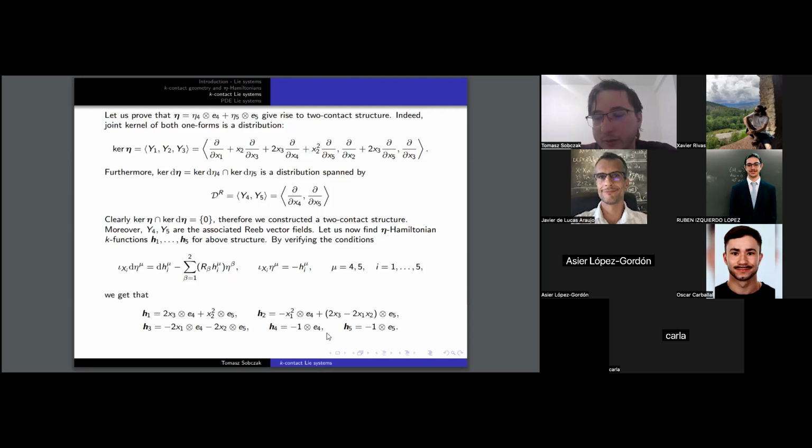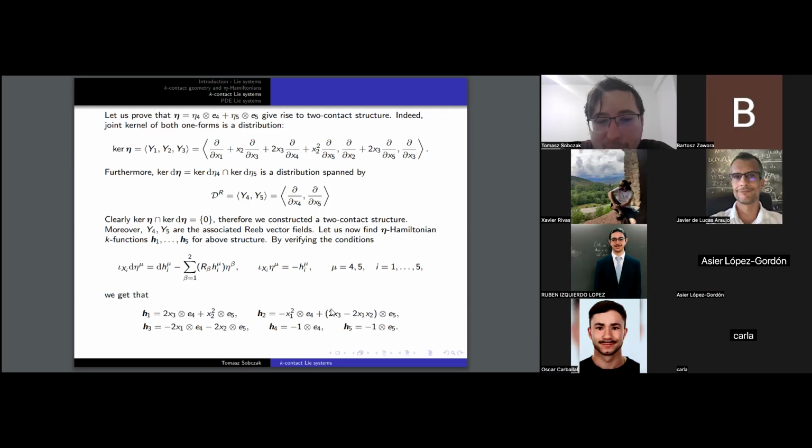Sorry, may I have a question? Sure. Out of curiosity, can you equip the space of eta Hamiltonian K functions with a Lie bracket? Yes, you can. Actually, you were asking about the eta Hamiltonian functions, yes? Exactly, K functions.